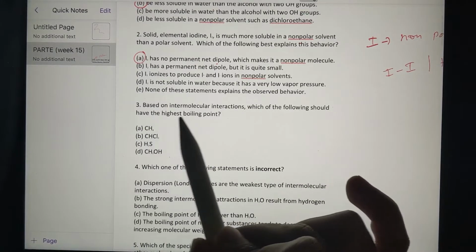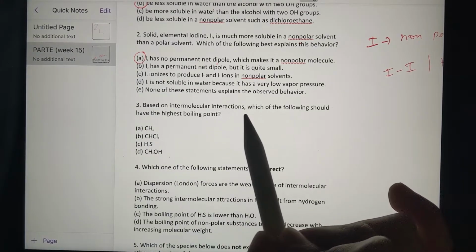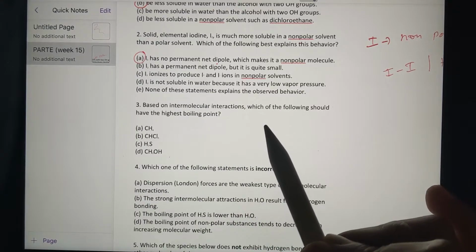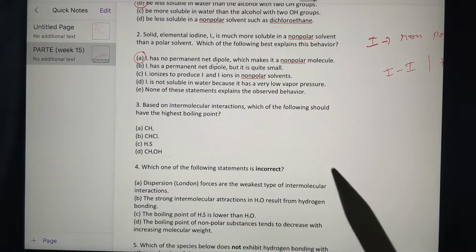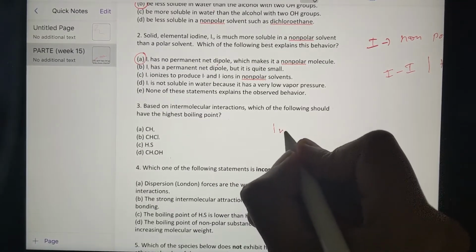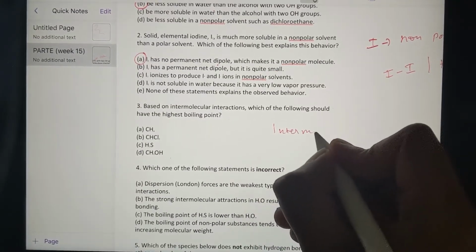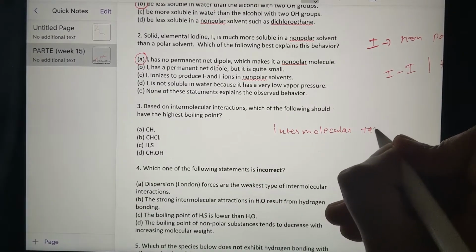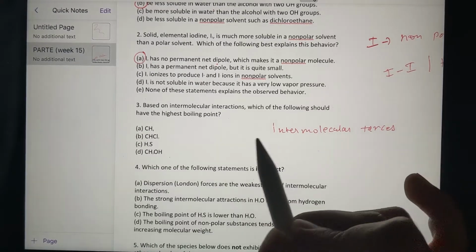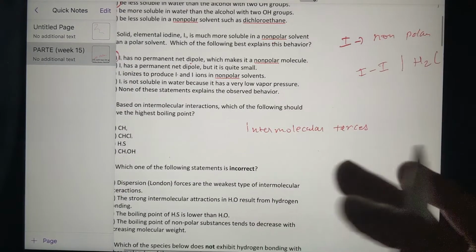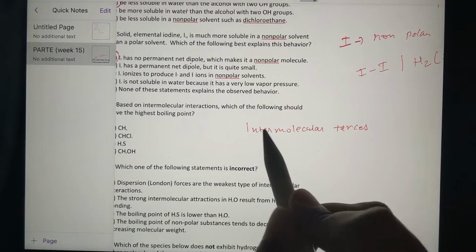The third question is based on intermolecular interaction: which of the following should have the highest boiling point? For the boiling point, you look at the intermolecular forces. The stronger the intermolecular force, the higher the boiling point will be. Why? What happens when you boil a liquid?